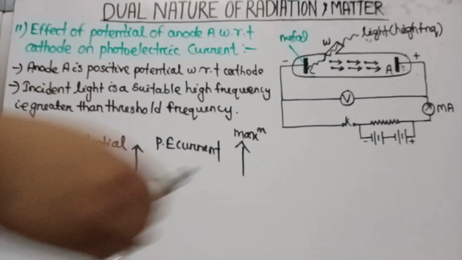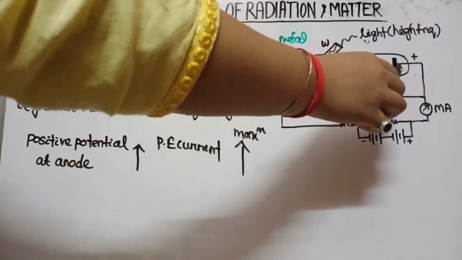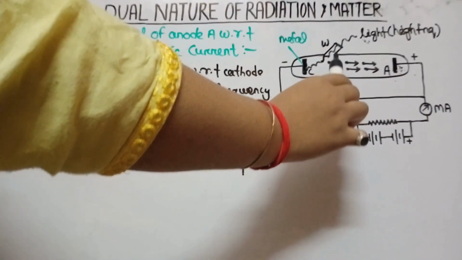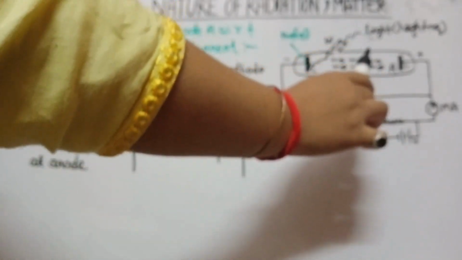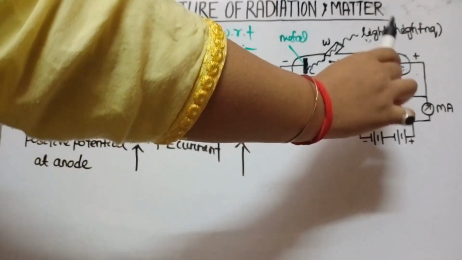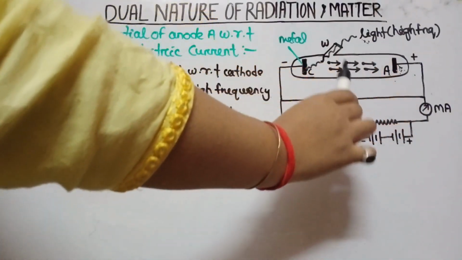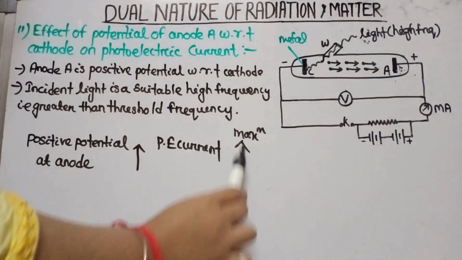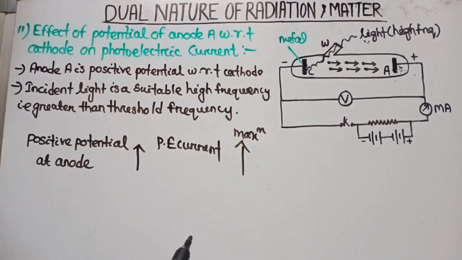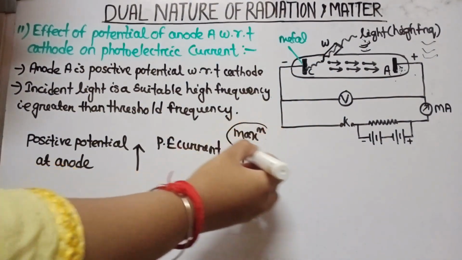As we increase the positive potential of the anode, the free electrons get accelerated and attracted towards the anode. That means the number of electrons reaching increases, so the photoelectric current increases and reaches a maximum value.